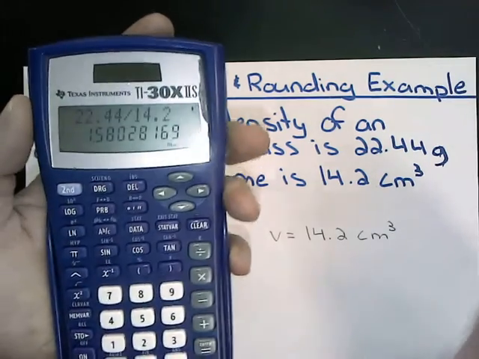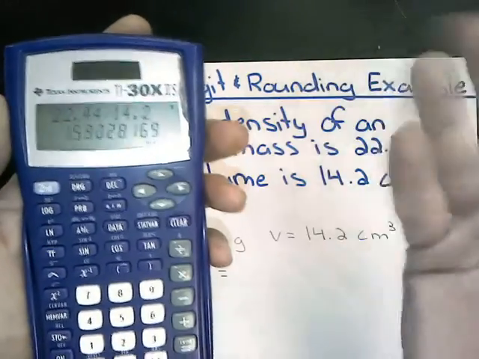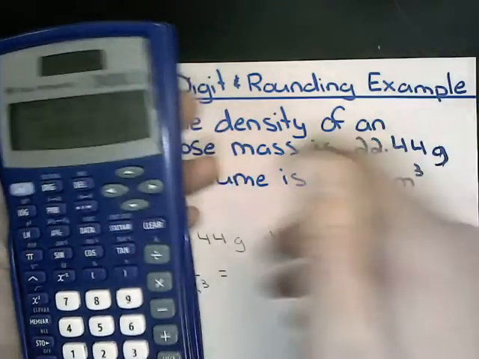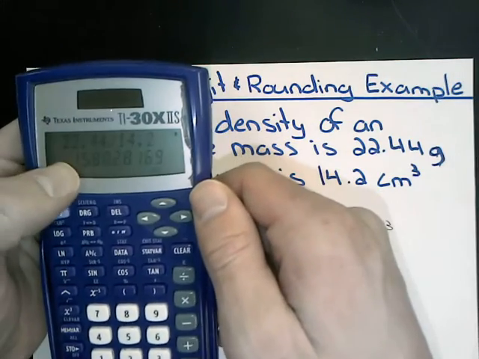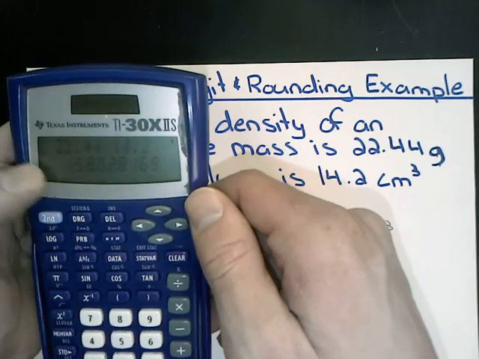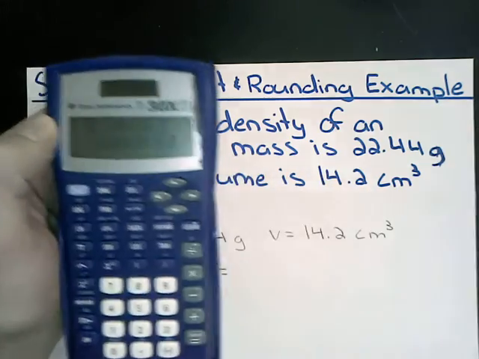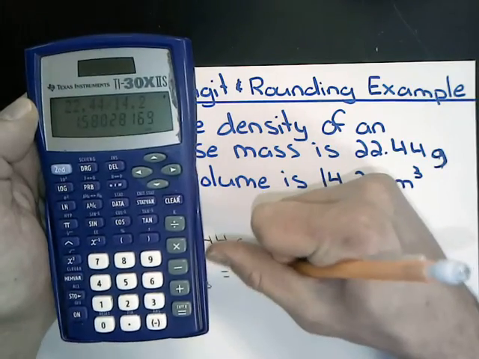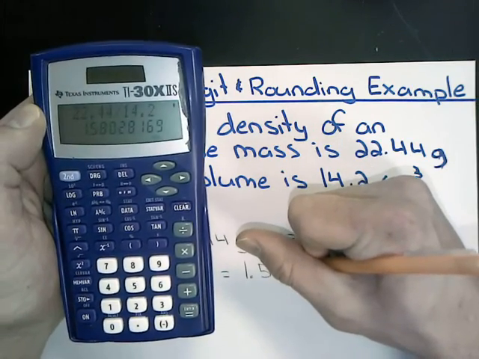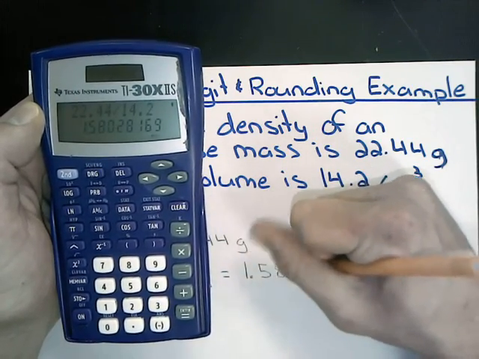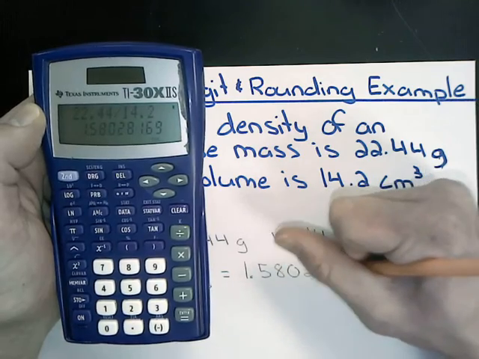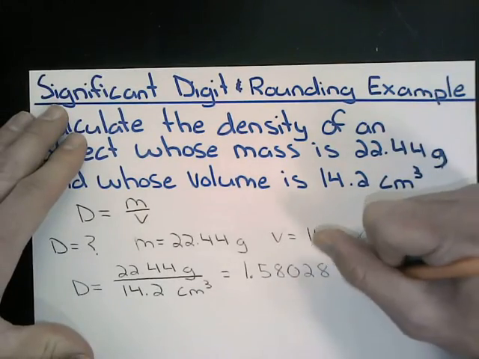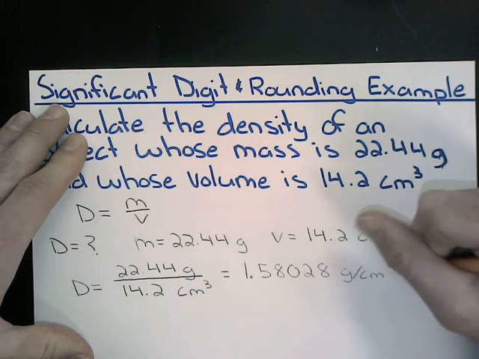All right, so like I said before, your calculator doesn't know how to round. It just spits out some digits here. So I'm going to write 5 decimals down. And so this value here would be 1.58028. Okay? And this would be in grams per cubic centimeters.